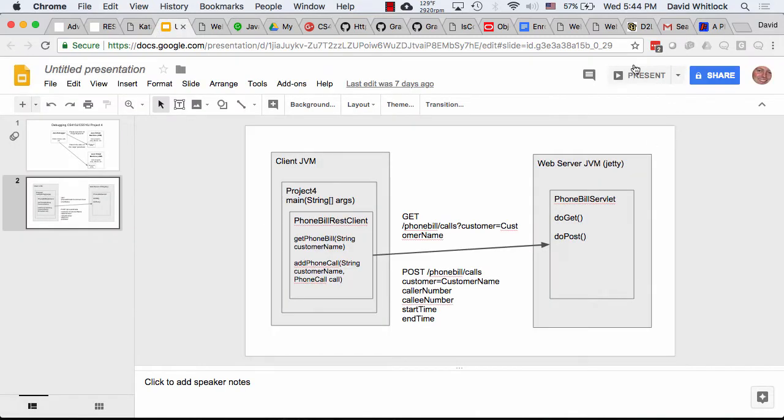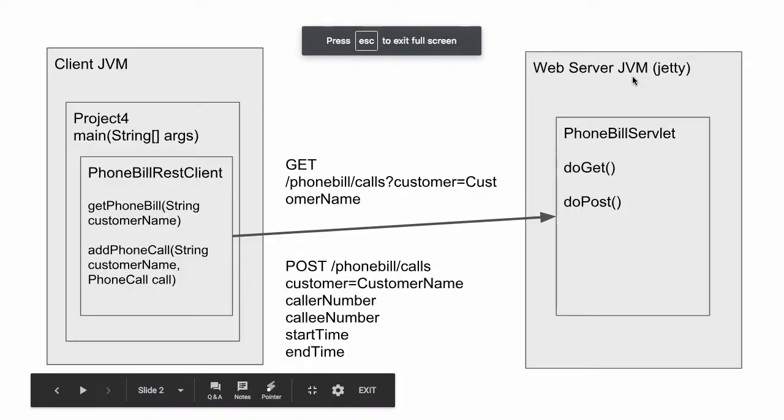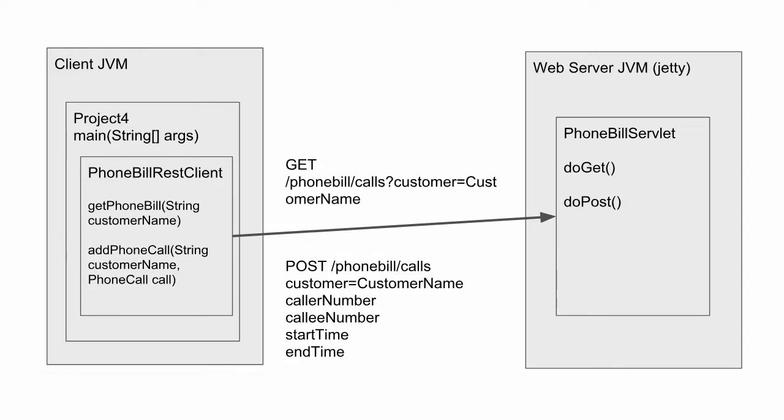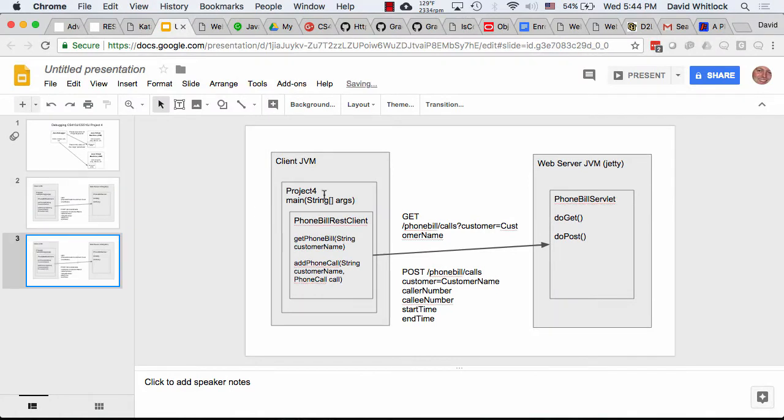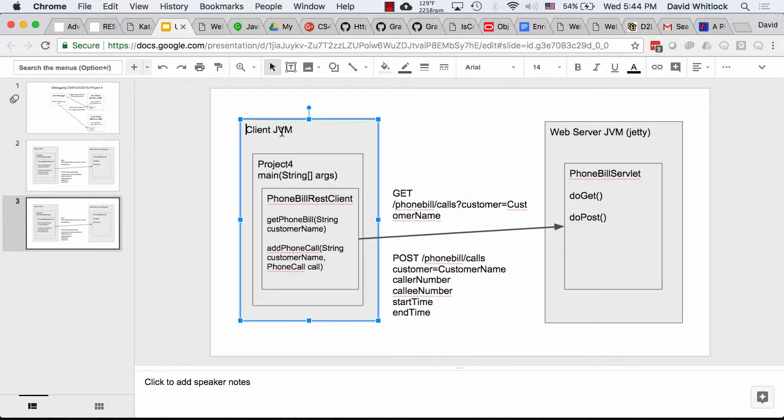So remember this picture from Project 4, where this is your server and this is your client. Well, there's a very similar picture for Project 5. Let's do it this way. So now this is the web browser.